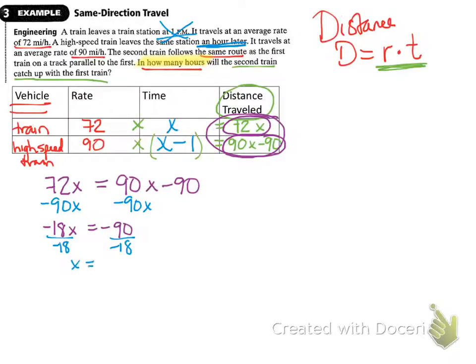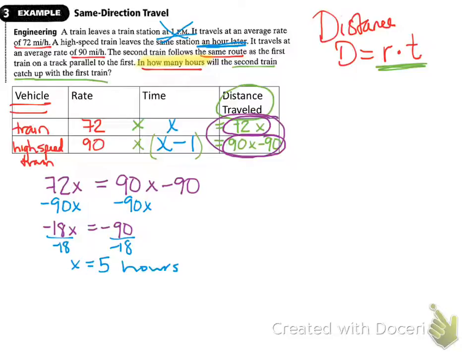x equals 1. No, that doesn't make any sense. 90 divided by 18. I must have typed in my calculator wrong. x equals 5. Okay, so that means that the first train would be caught by the second train 5 hours later. But what's the question?